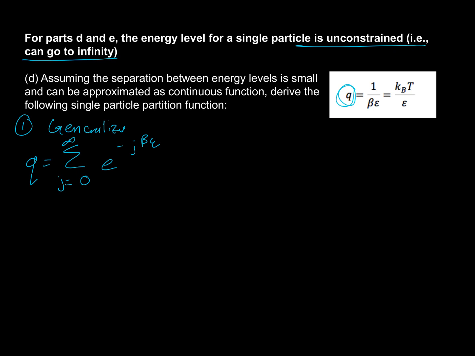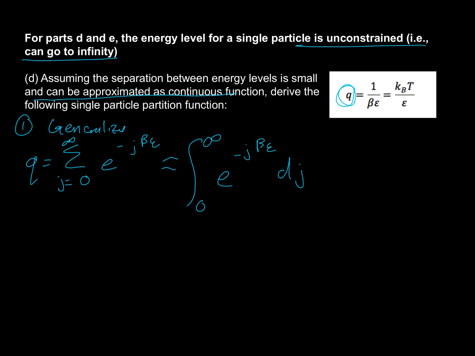So this captures our single particle partition function for the simplified system. Right? The first entry is e to the minus 0, the next one is 1 epsilon, the next one is 2 epsilon, and so on and so forth. And then we're going to approximate this. As stated here, we can approximate it as a continuous function. So we're going to go from 0 to infinity, e to the minus j beta epsilon dj. We're going to integrate our function.